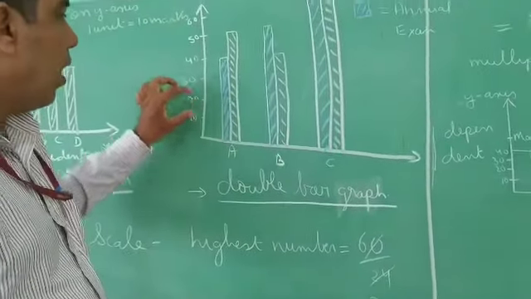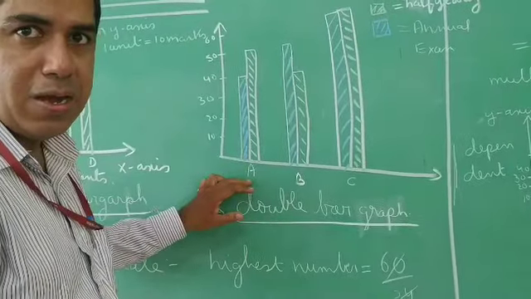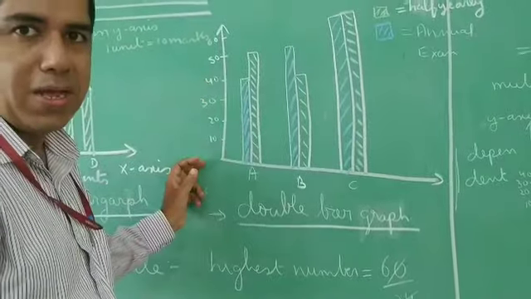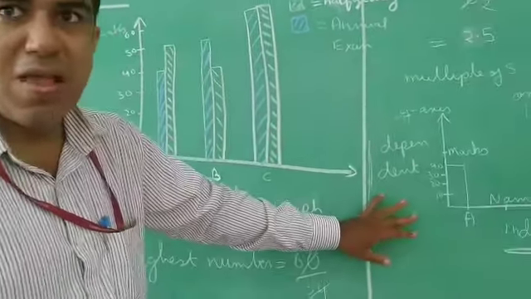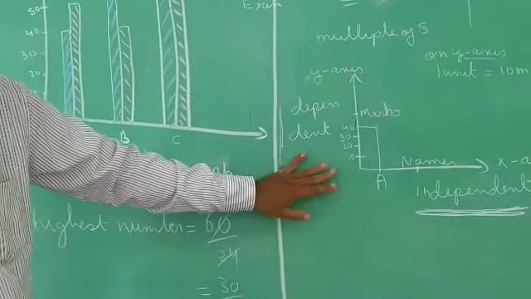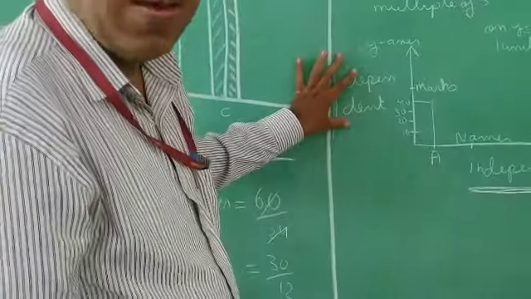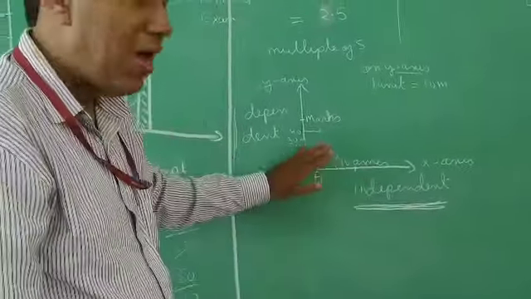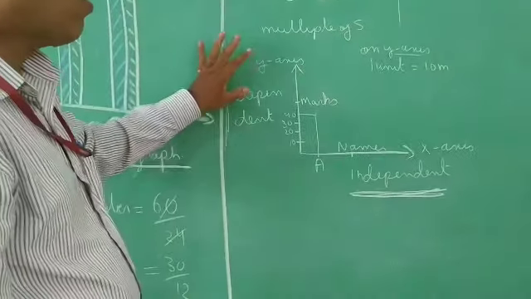So marks I have taken on the y-axis. This is the basic concept of graphs. It comes everywhere in science or wherever we use a graph. Be careful: x-axis is independent and y-axis is dependent.